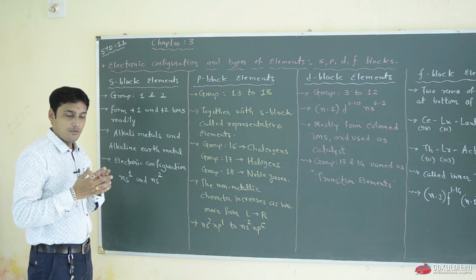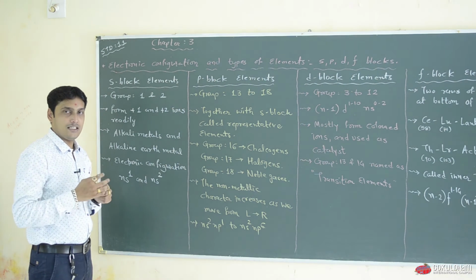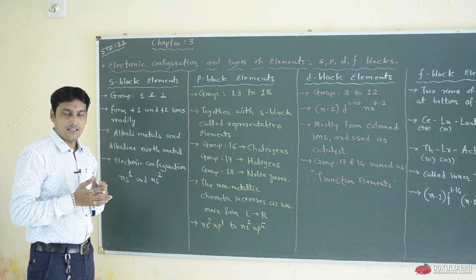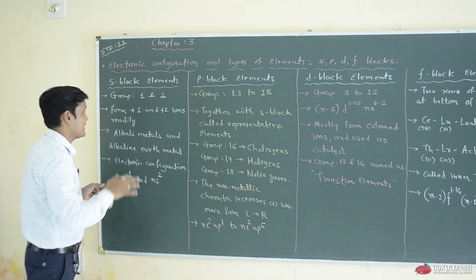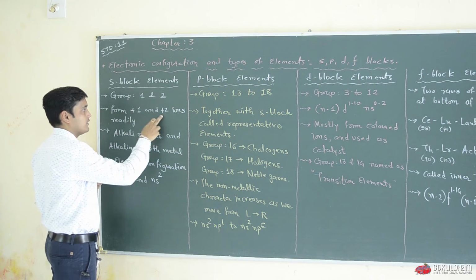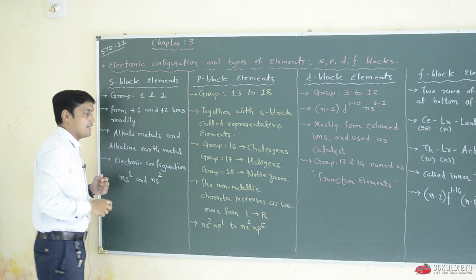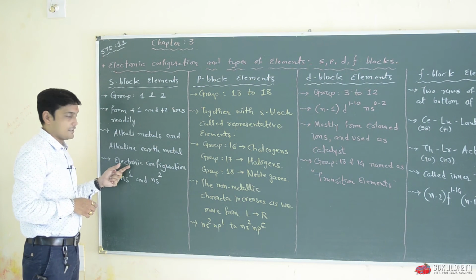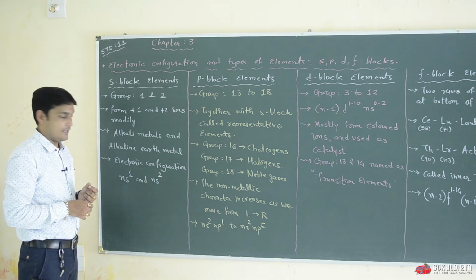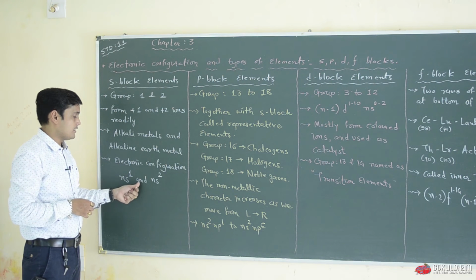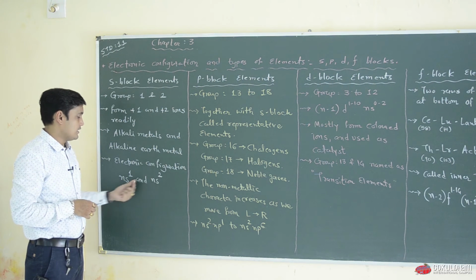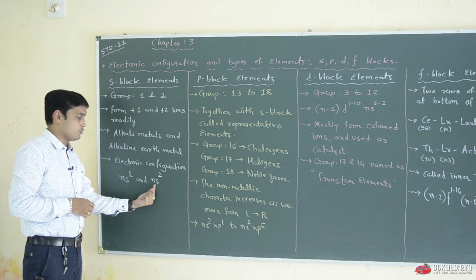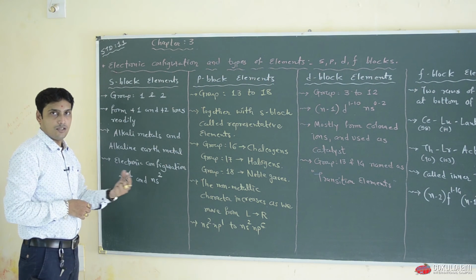So group 1 and 2 elements can easily donate their first and second electrons, so they readily form +1 and +2 ions. The common electronic configuration for s block elements is ns1 and ns2. ns1 is for group number 1 and ns2 is for group number 2.